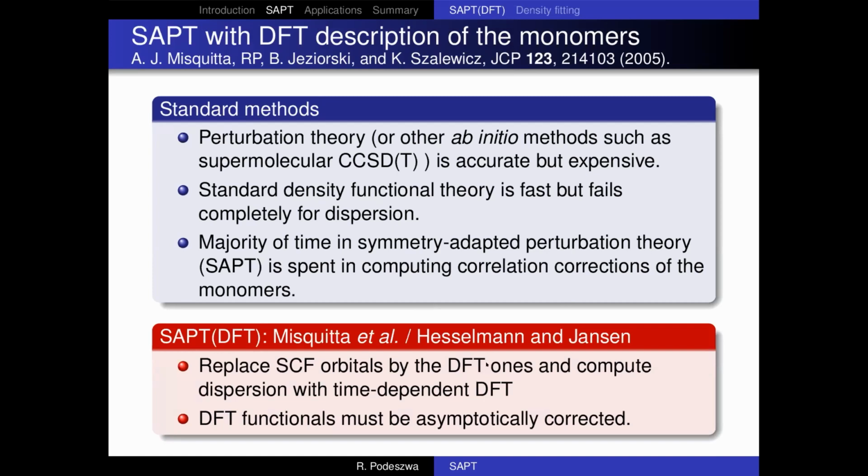So the idea was to replace SCF for the monomers with DFT. With a few tricks that had to be solved, this method worked well. However, you had to use asymptotically corrected DFT functionals, which is not a problem, but standard ones do not work. And also use time-dependent DFT for dispersion.